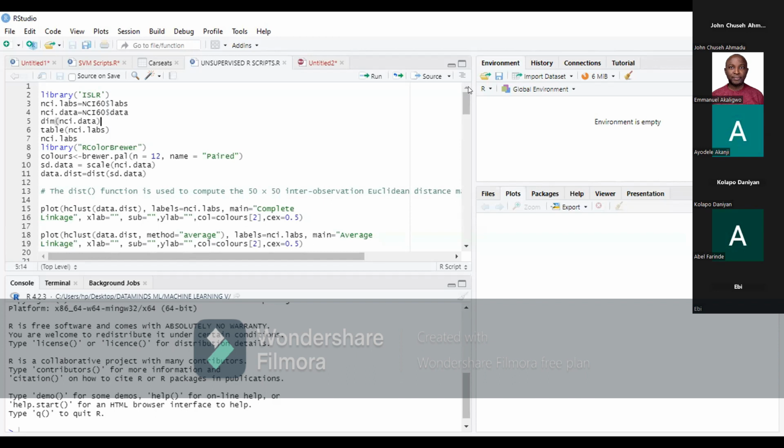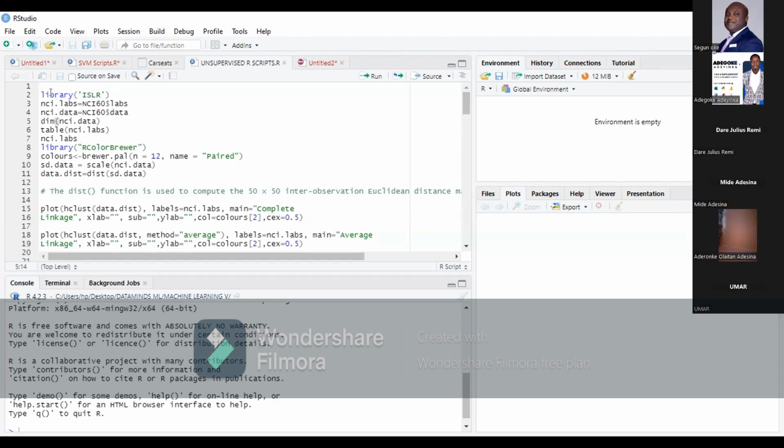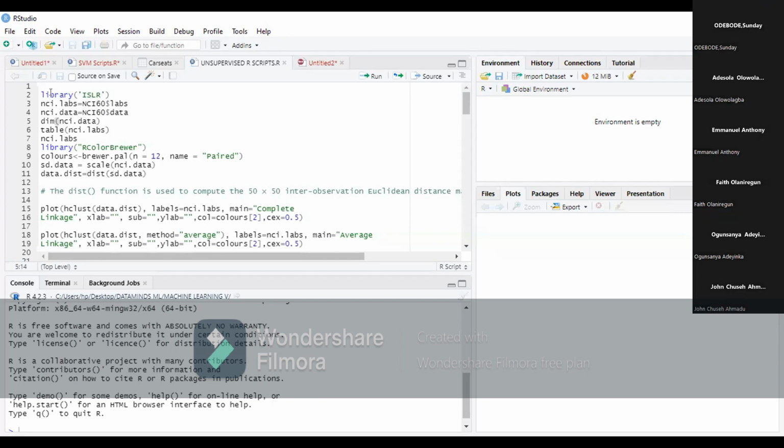Just like I said earlier, the first thing we're going to be doing here is hierarchical clustering. And like I said, we are going to be using the NCI60 data in the ISLR package, and it consists of various cancer data sets.